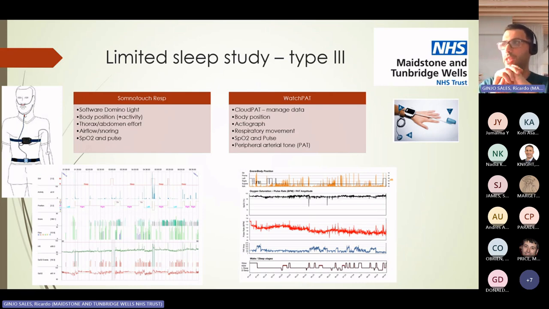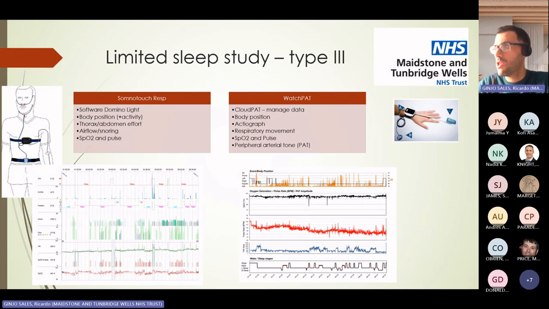The first one, SonaTouch Resp, is the typical sleep study, where you have the normal signals: nasal cannula, the belt around the chest and abdomen, finger probe, and you can also have additional sensors, mainly on the legs. This device is a typical device, uses normal software.